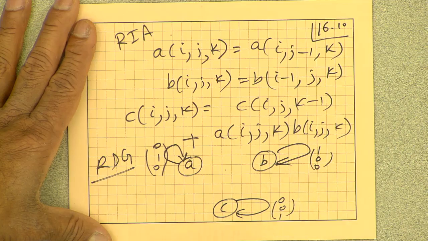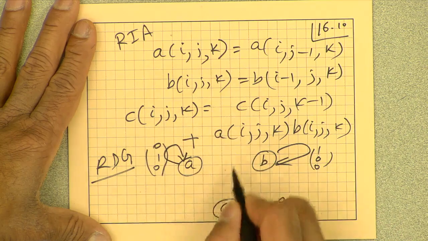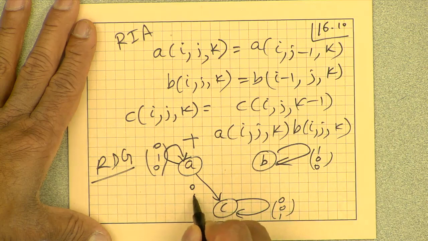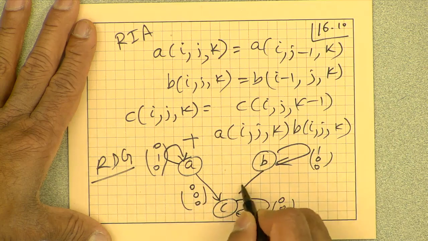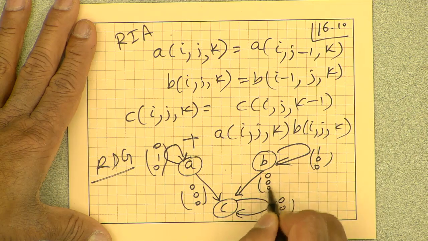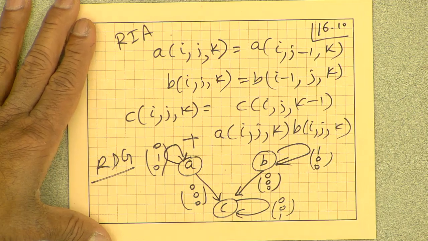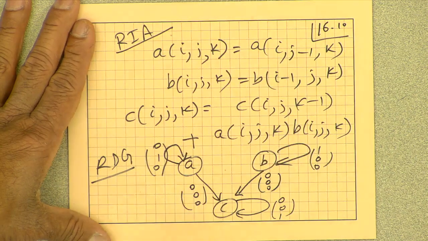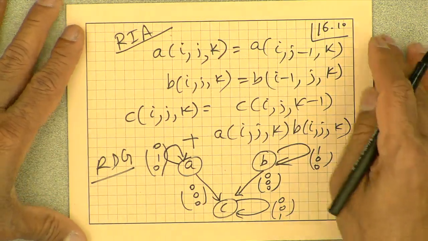Okay. From A to C, that is 0 0 0, from B to C, that is 0 0 0. So, the regular iterative algorithm and the reduced dependence graph.